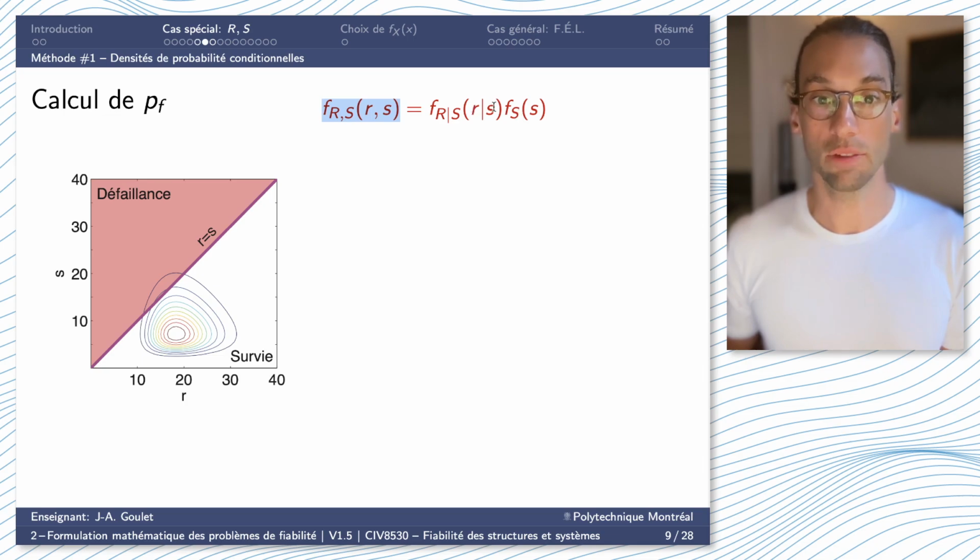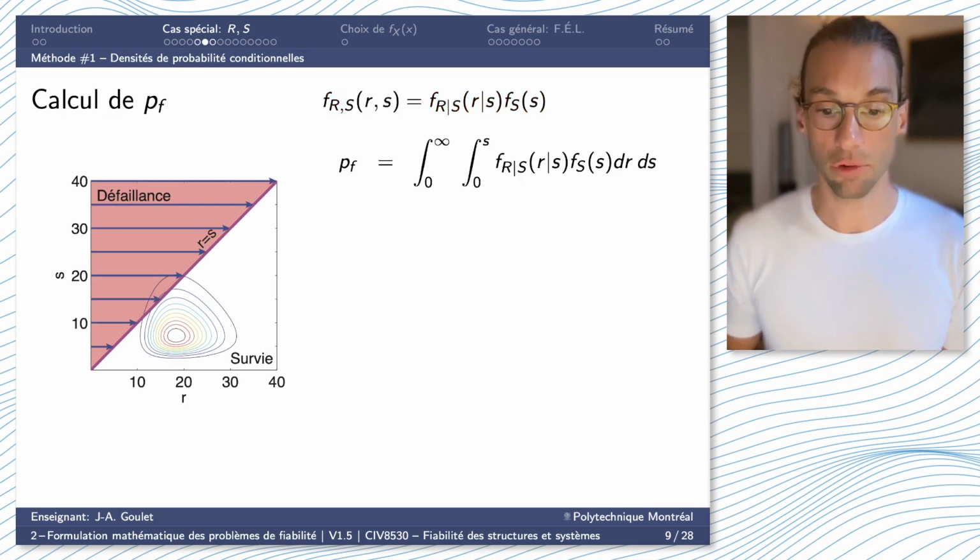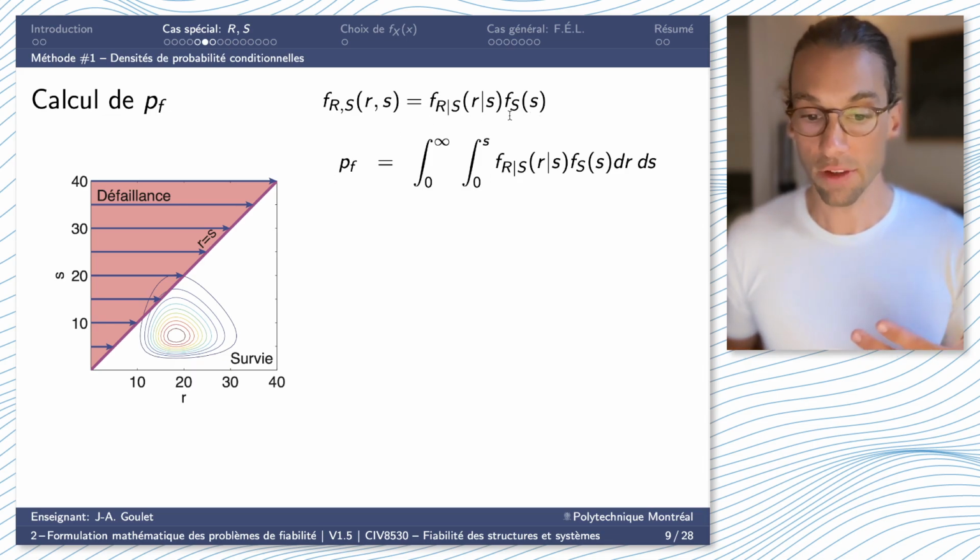So R given S times the probability density for S. So in that case, if I use this artifact, I can model my probability of failure as that joint integral for that conditional times that marginal. So I first integrate with respect to the resistance from 0 to S, and then I integrate with respect to solicitation.